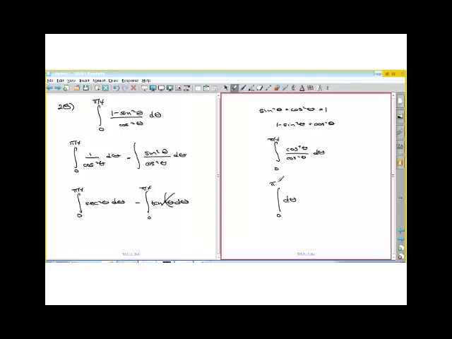That's just a horizontal line. You know, it's y equals 1, which is just a horizontal line, because we have 1 times d theta. So the integral of d theta is theta, and we evaluate that between 0 and pi over 4.